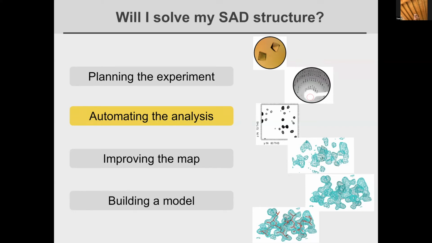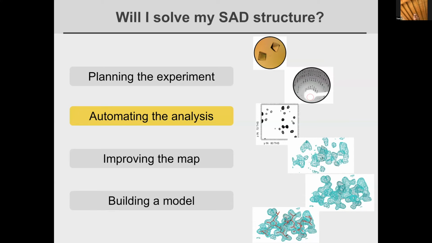So in this experiment that we're running right now, our figure of merit from SAD phasing is going to be like 0.4. It's a very high number. On the other hand, if you had an experiment where there was one not that well ordered selenium in 500 residues, your figure of merit might be very low. But it's not a sure thing that you have to give up if you have under 0.2 figure of merit.